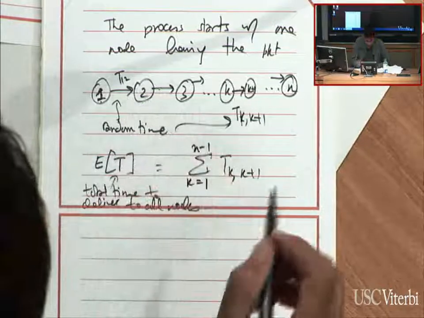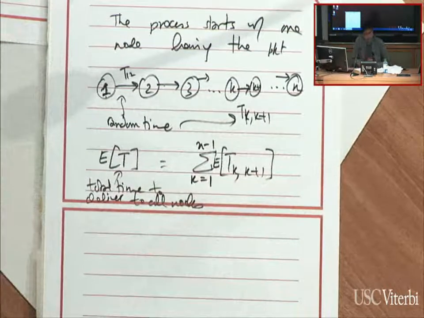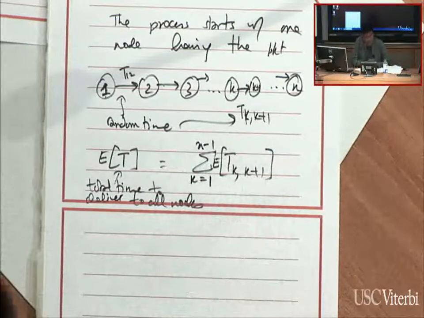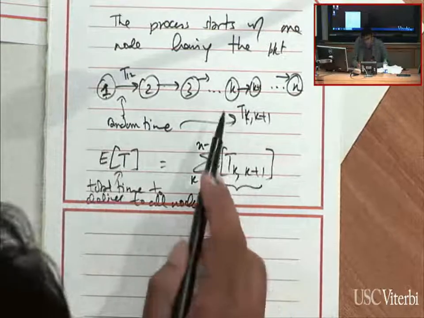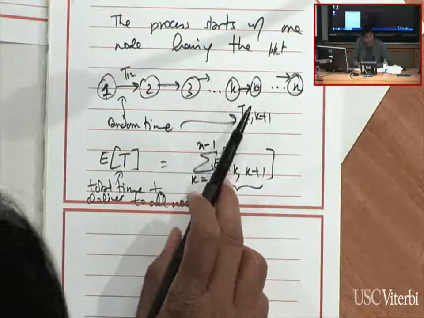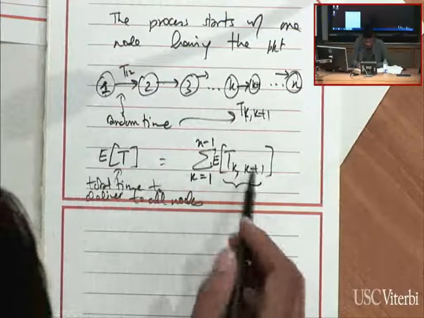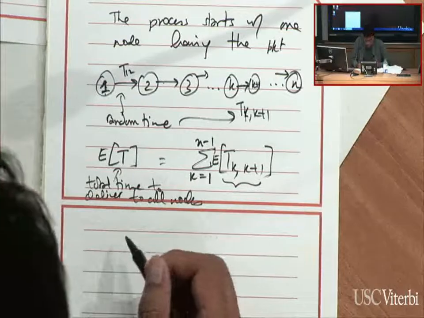If I add up all of these times in expectation, by linearity of expectation, the expectation of the sum is the sum of the expectations, and that's the time I'm interested in. So if I derive an expression for the time to go from k packets to k plus 1 packets, the expectation of that time, summed over all of those, will give me the total time to deliver. So that's how we would do our analysis.